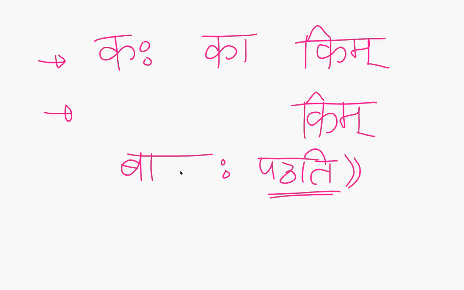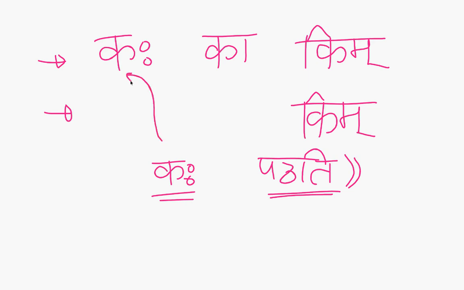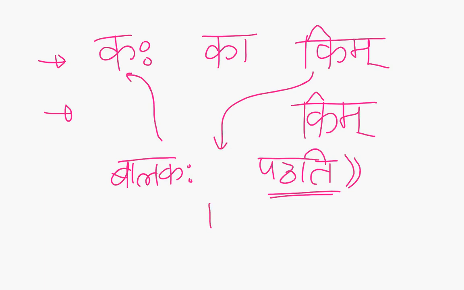So to ask the question, who is reading, what is the Sanskrit word? Kaha patati, right? And this kaha is in which vibhakti? What is the vibhakti of kaha? Prathama vibhakti, ekavachanam. Kaha patati. Now the answer we get is balakaha. Let's say we get balaka patati. And balaka is also in Prathama vibhakti, ekavachanam. The next question will be balaka kim patati.